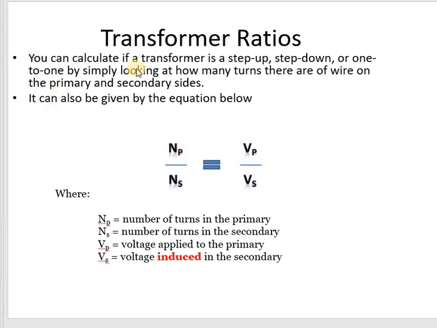You can tell if a transformer is a step-down or a step-up by simply looking at how many turns there are in the primary coil and how many turns there are in the secondary coil. This is given in this equation.